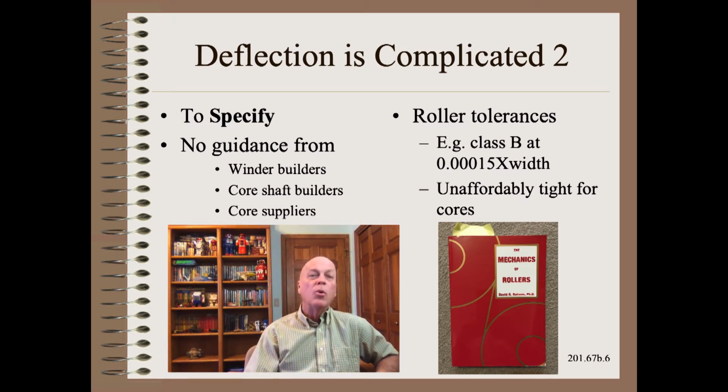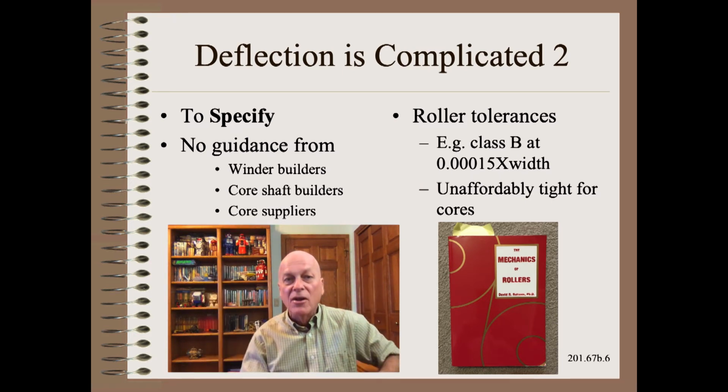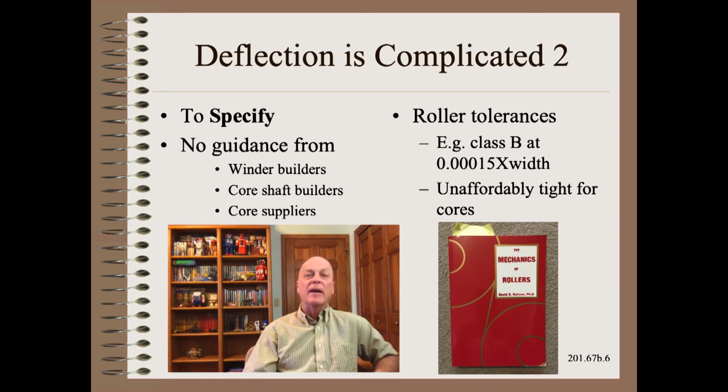The common 0.00015 times width that is most common for rollers, as well as wound roll mandrels, would be uneconomic for cores. That is because the cores would have to be much larger than the rollers because they are made of cardboard instead of metal. No one can afford disposable cores that large. As a consequence, suffering from excessive core deflection on winders is actually quite common.